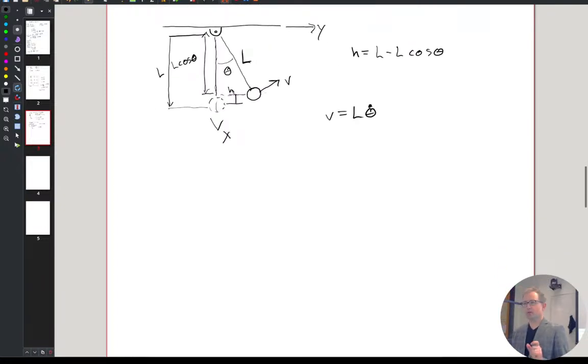Here, let's do a little bit of comparison. What is the potential energy of a spring?